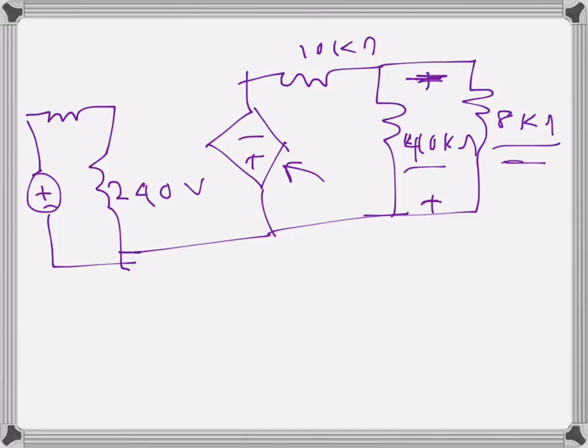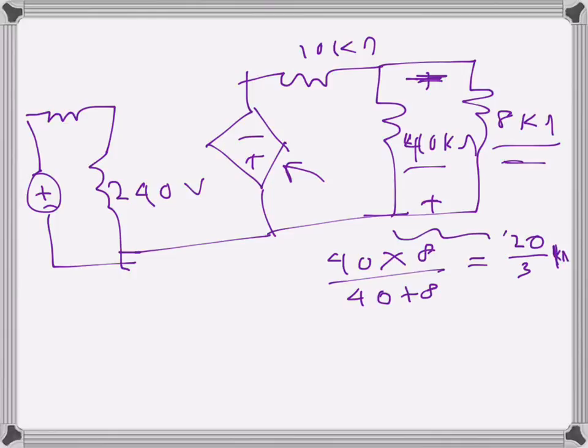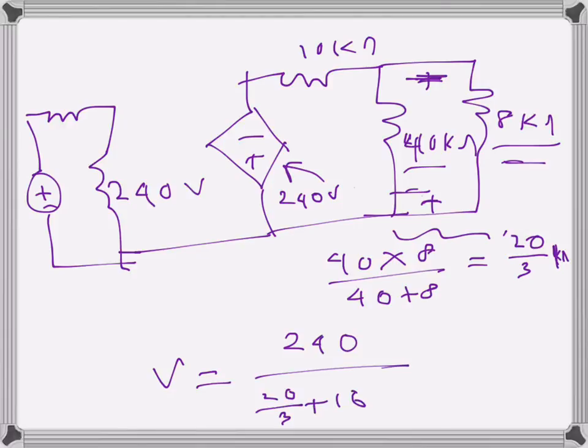We have 40 and 8, these two in parallel, so we can just combine them because we are just trying to find the voltage for the time being. That's 40 times 8 divided by 48, so that will be 20 over 3 kilo ohms. That's the value of the parallel combination, and this is 240 volts. So the voltage drop here, again if we apply the voltage divider rule, will be 20 over 3 plus 10 here, and then times 20 over 3.